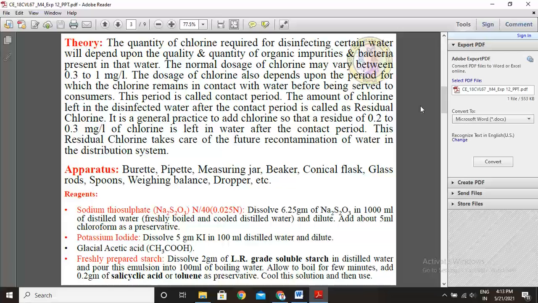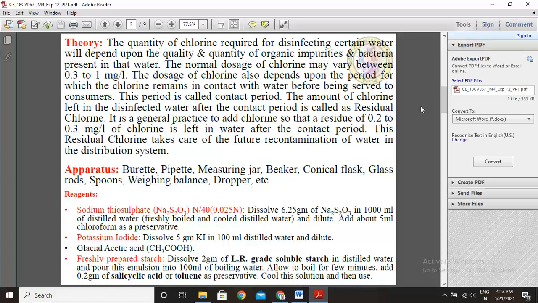Let us see the concept of residual chlorine. The quantity of chlorine required for disinfecting certain water will depend upon the quality and quantity of organic impurities and bacteria present in that water. The normal dosage of chlorine may vary between 0.3 to 1 milligram per liter.